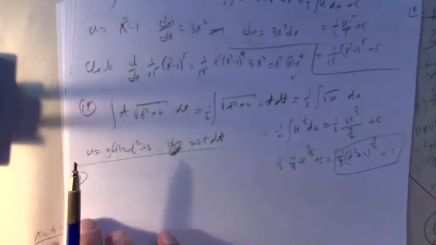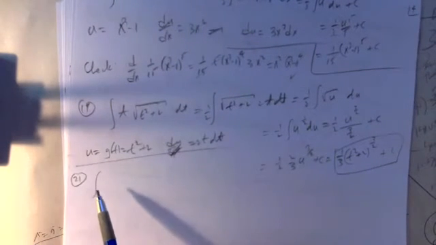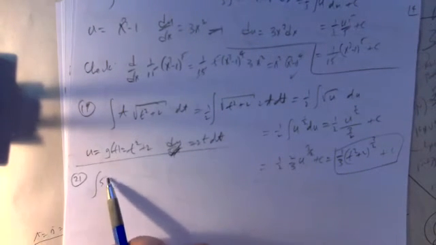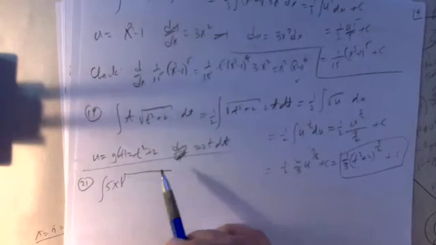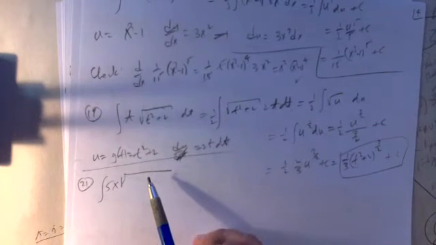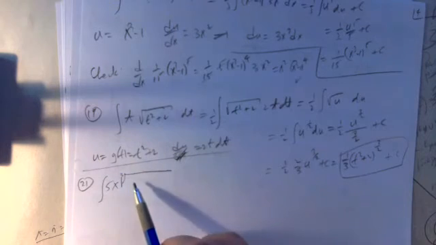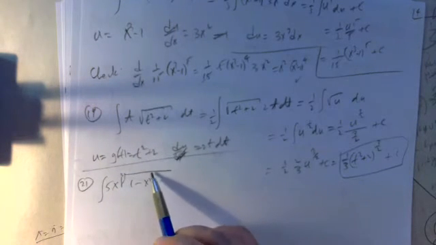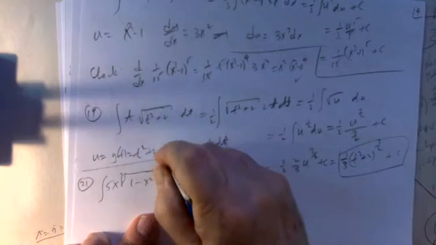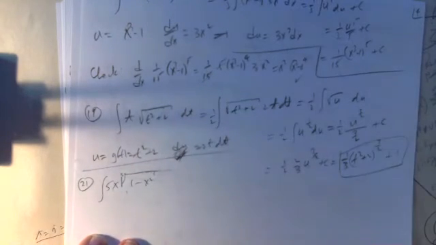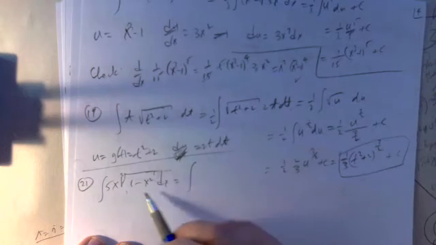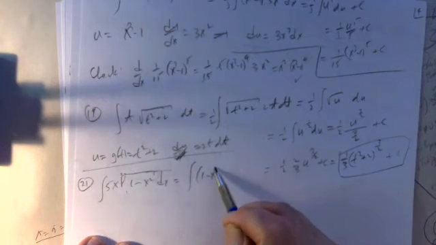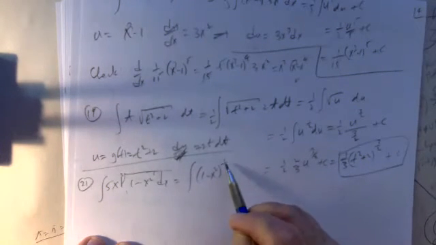Number 21 is the integral of 5x times the cube root of 1 minus x squared dx. Cube root of anything means that anything raised to the power of a third.